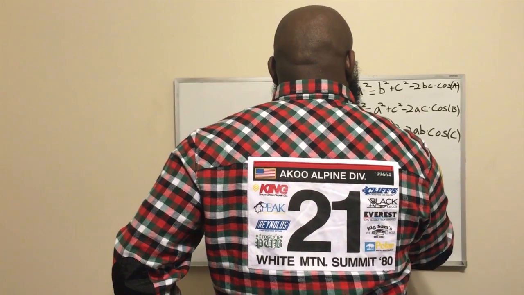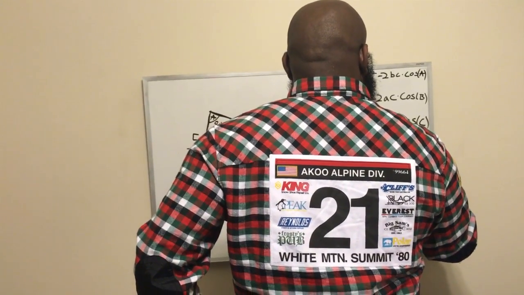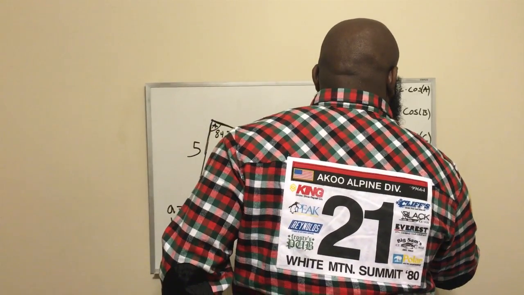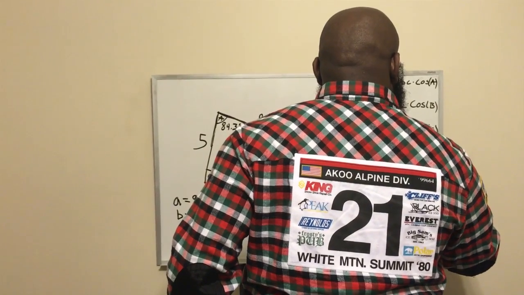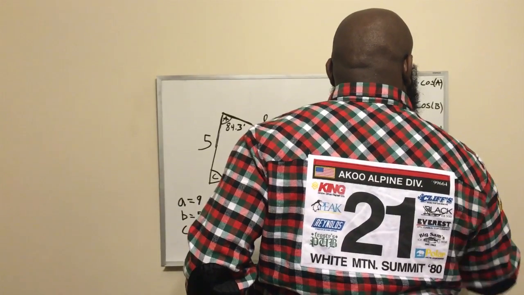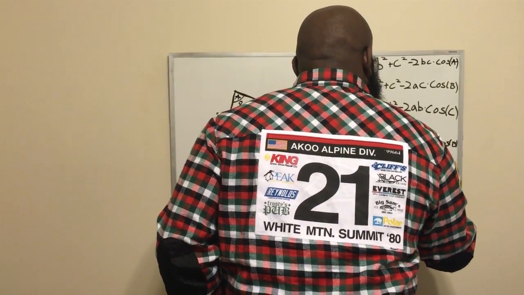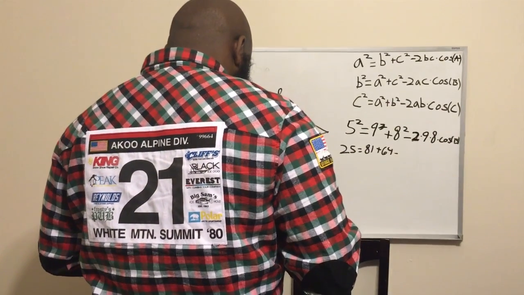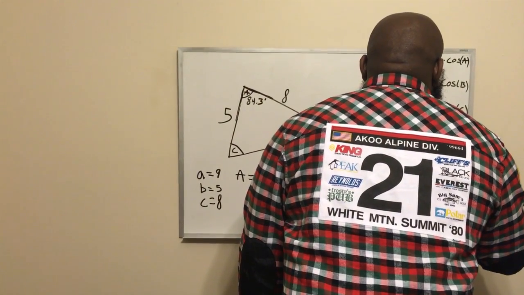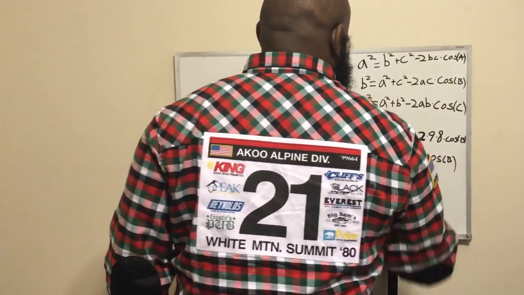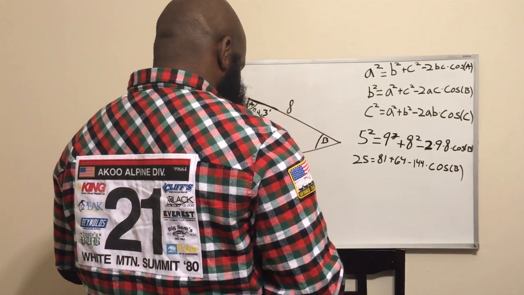We're saying that 5 squared is equal to 9 squared plus 8 squared minus 2 times 9 times 8 times cosine B. So 25 is equal to 81 plus 64 minus, what is this, 2 times 9 times 8, 144, times cosine B. Let's get all this over here and isolate this. 81 plus 64 is 145.